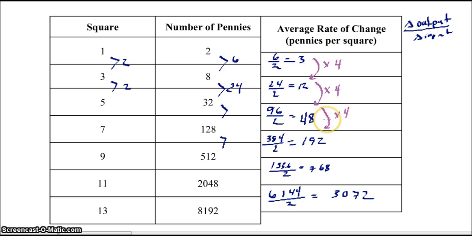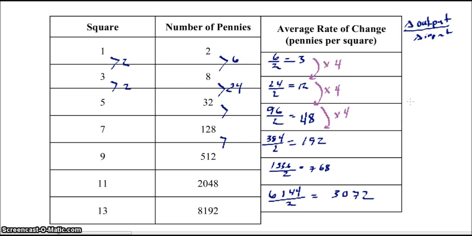I'm not sure exactly how we can say this, but 4 is a growth factor of sorts. Yep, so the average rate of change exhibits exponential growth, just like the number of pennies exhibits exponential growth as well.